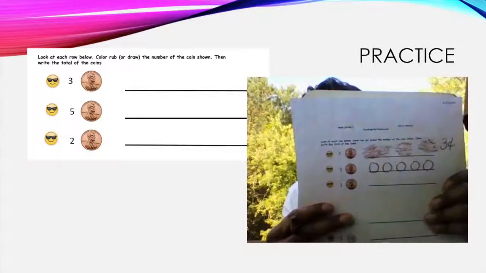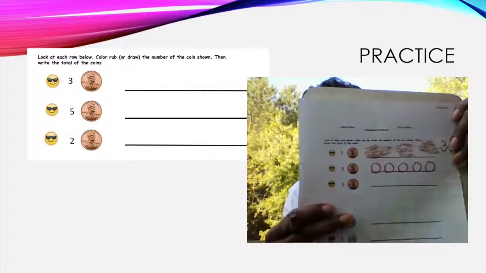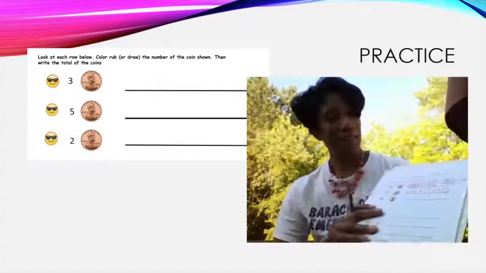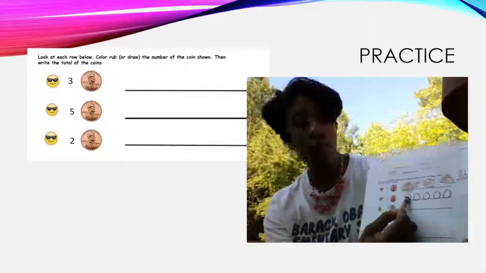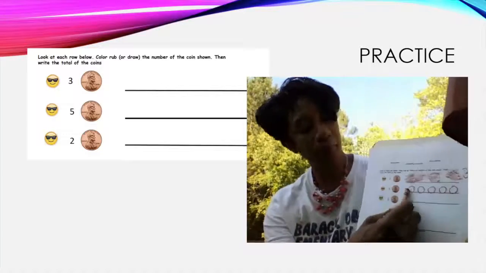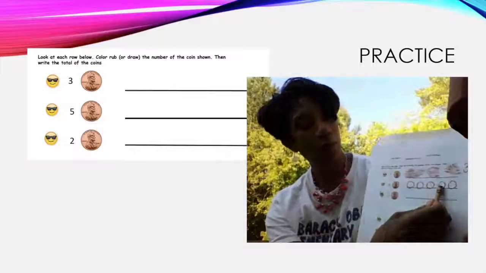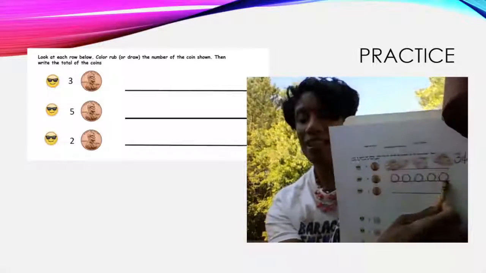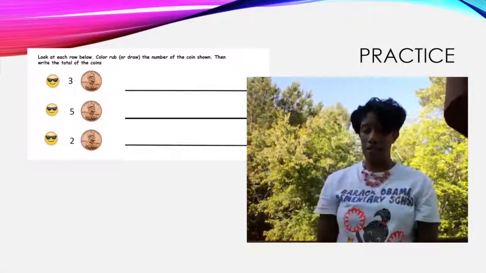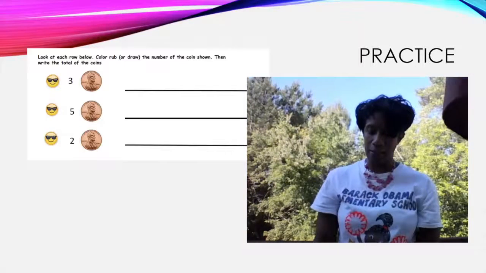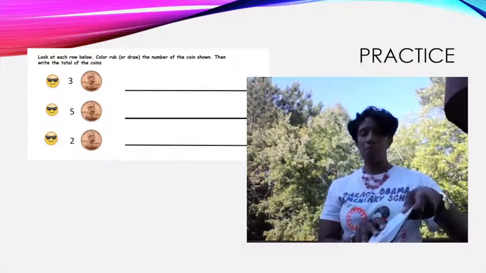If you don't have pennies at home to color rub, you can just draw them. Now let's count. How much money do we have? 1 cent, 2 cent, 3 cent, 4 cent, 5 cents. So I'm going to write 5 cents at the end of that row because that's how much money I have.